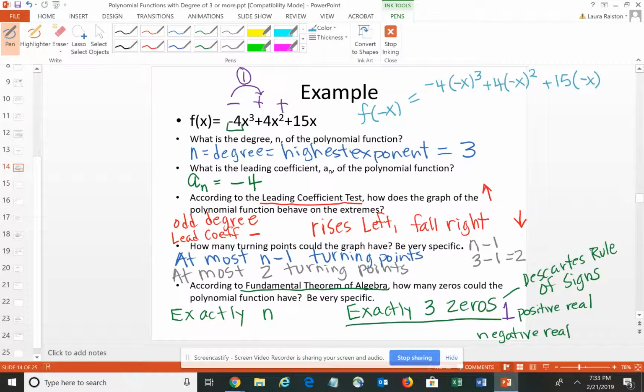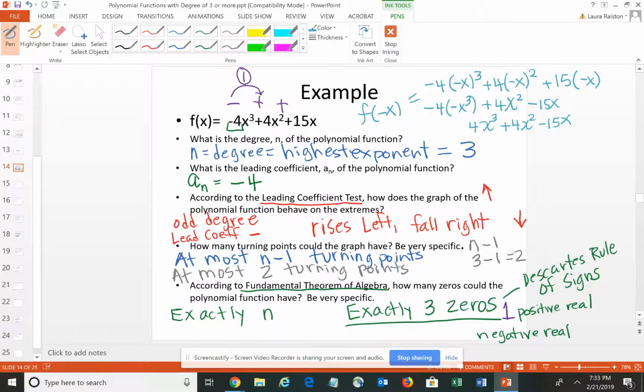Okay, so negative x cubed, remember that's literally negative x times negative x times negative x. So I'm going to have negative 4 times the opposite of x to the third plus 4. Negative x times negative x is just going to be x squared plus 15 times negative x is minus 15x. So I have a negative and a negative, so I have 4x cubed plus 4x squared minus 15x.